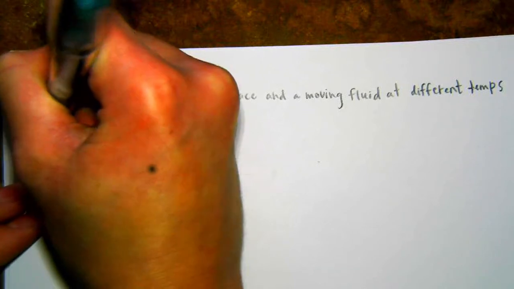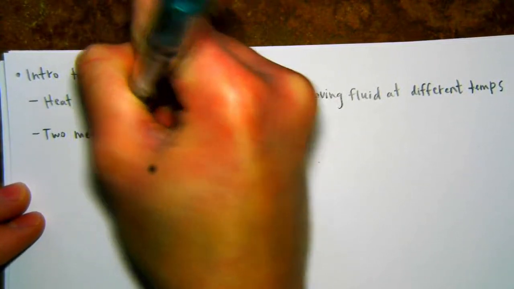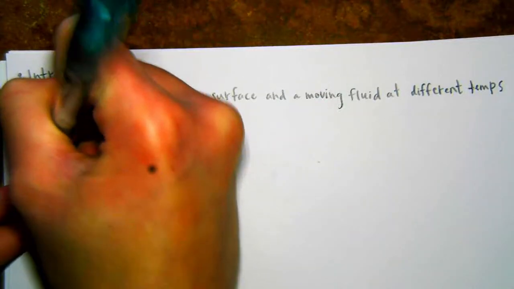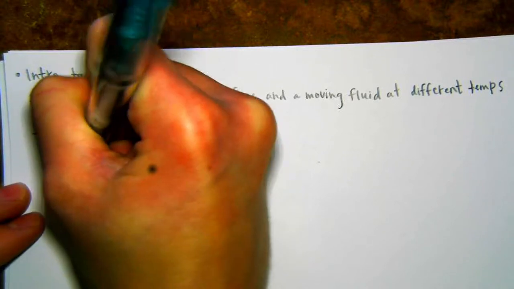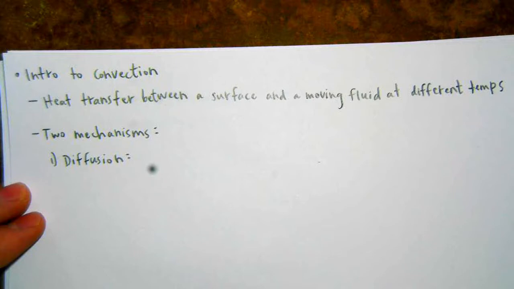So there are two mechanisms that contribute to convection. The first one is just diffusion, which we talked about with conduction.